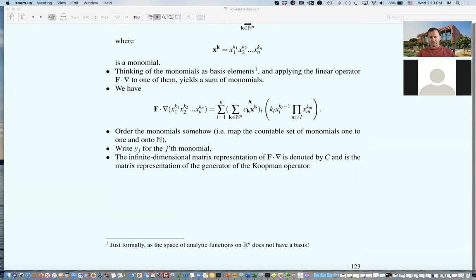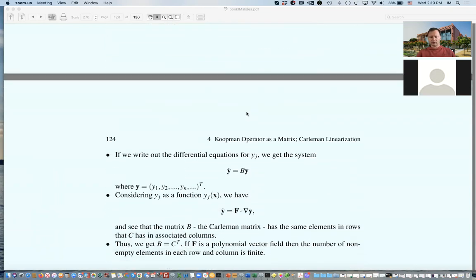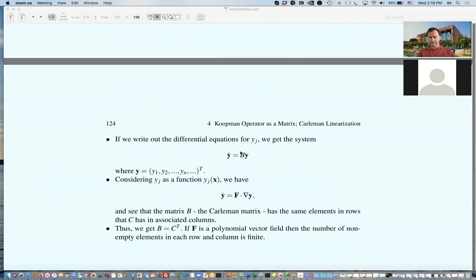Well, we calculated yj dot here, and we found that it's a sum of monomials multiplied by some coefficients. That's going to constitute the matrix B. So if we order the monomials themselves in the vector y, without operating on their coefficients, we get y dot is By, right?